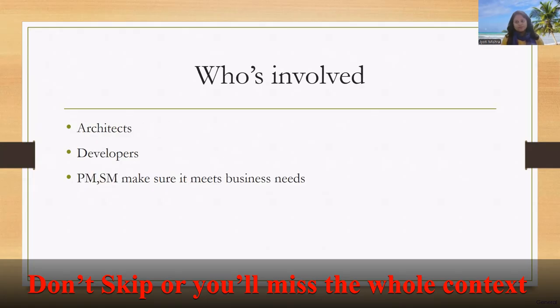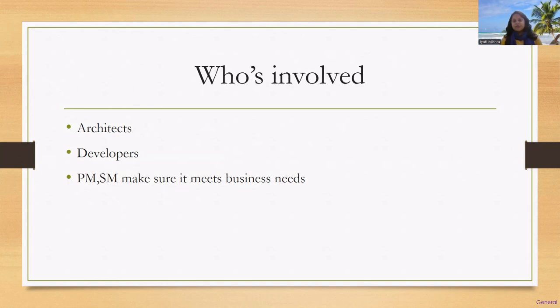Who's involved? Architects, component designers. So architects are the ones who will be creating the end-to-end design of the system. Then component designers are the ones, for example, the application which we are trying to build has various parts. Take the example of YouTube. What do you do in YouTube? You upload a file. There would be recommendations.